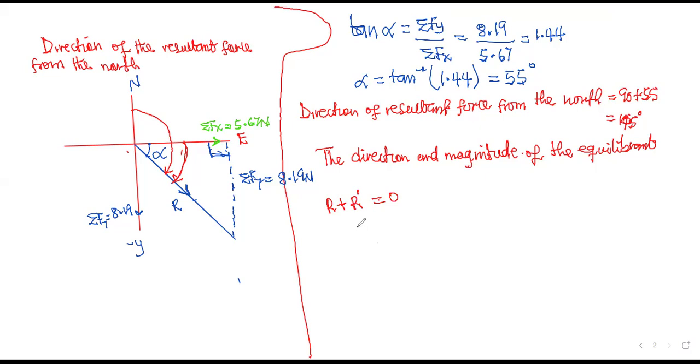So the equilibrant R prime must be equal to the negative of the resultant.